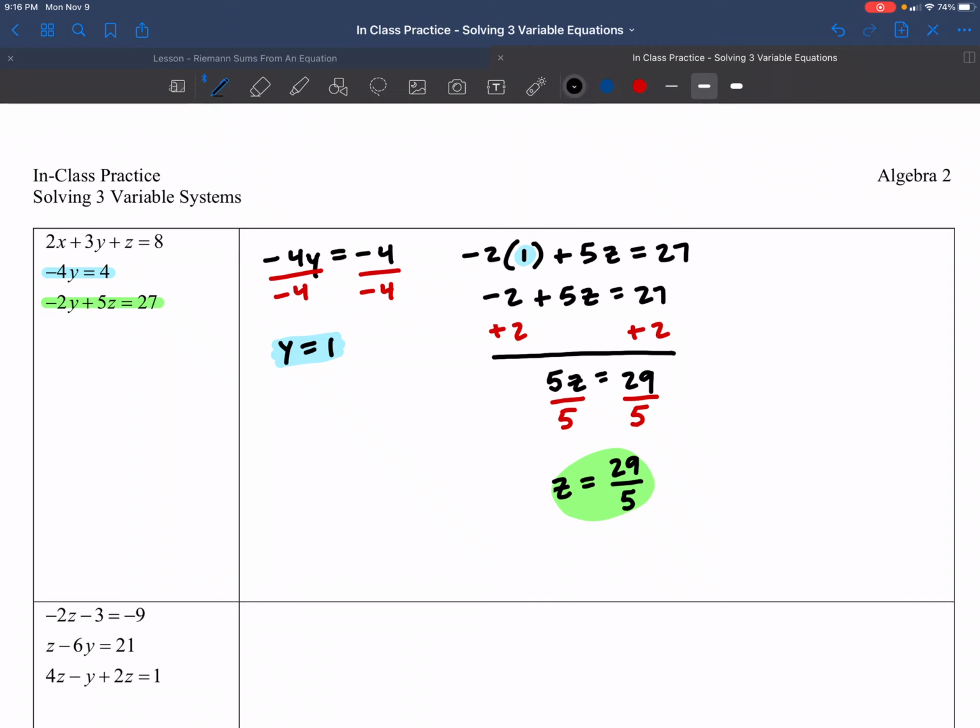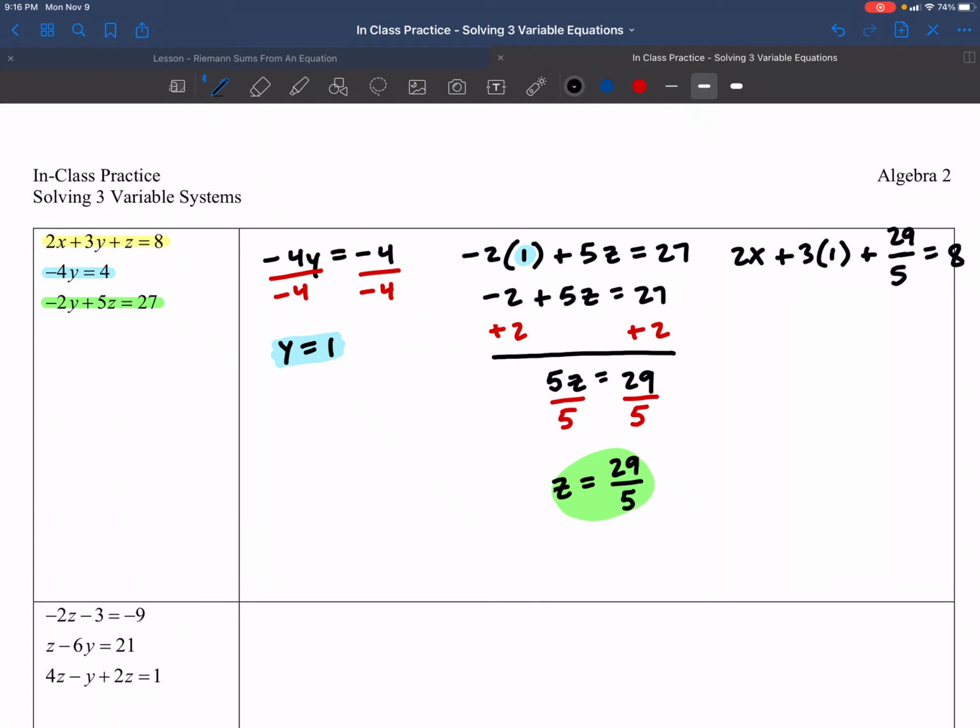Now for my third solution, notice that I'm working with my last equation. I'm going to take all of the values that I have so far, y and z, and use that last equation to solve for x. So plugging everything in, I have 2x plus 3 times 1 plus 29 over 5 is equal to 8.